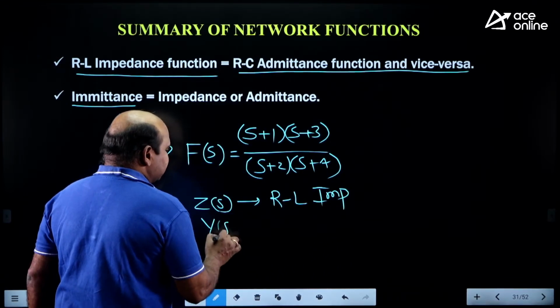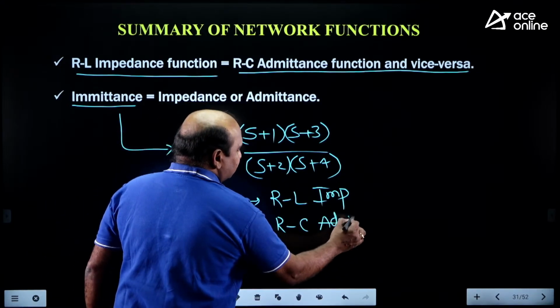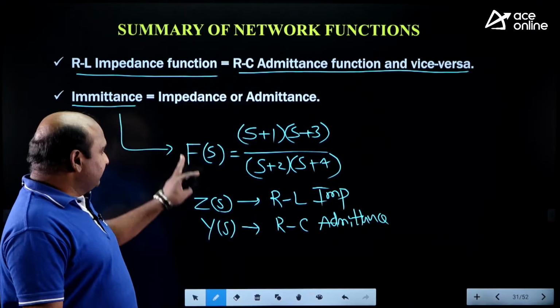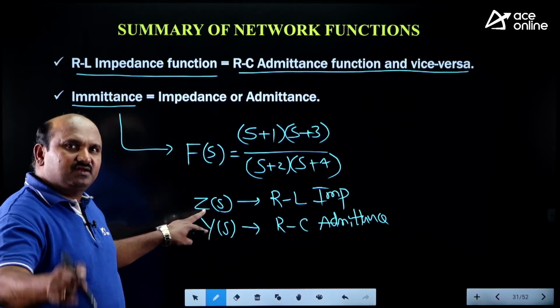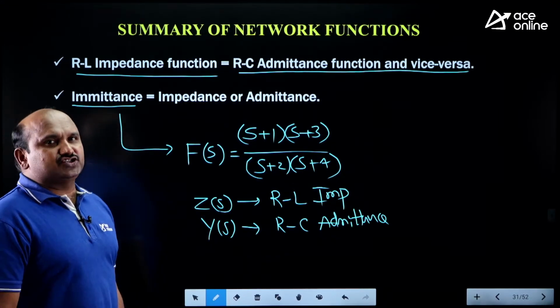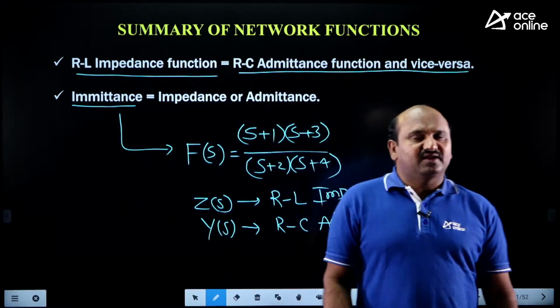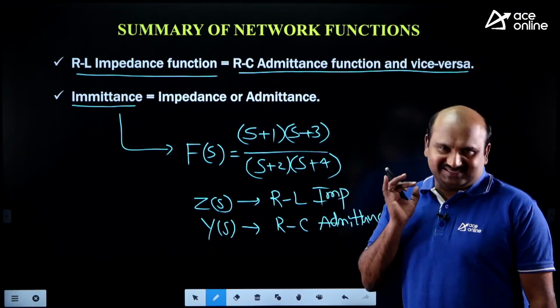Now suppose Y of s, you are considering that; this is an RC admittance function. Both are the same. If F of s is given, we can define it as either an impedance function or an admittance function. Are you getting this? Right.